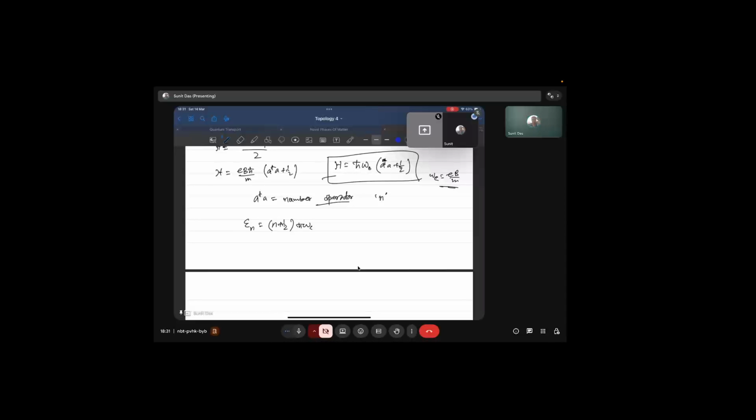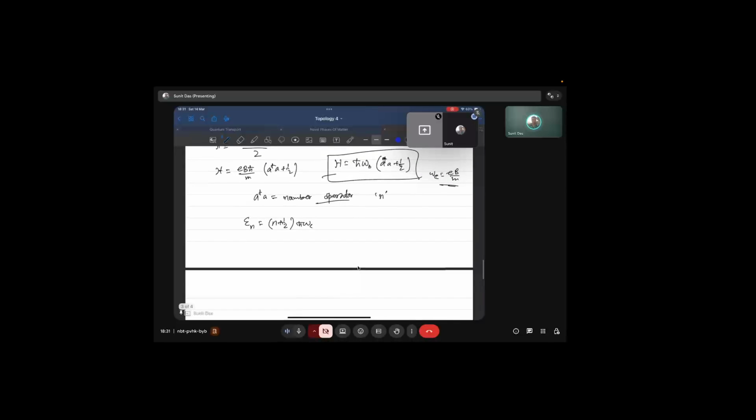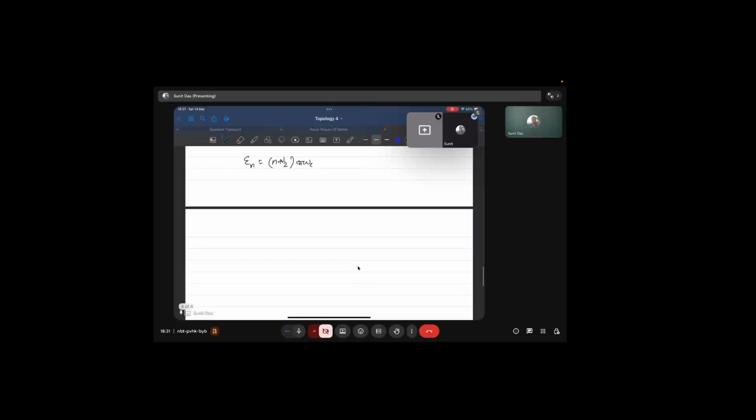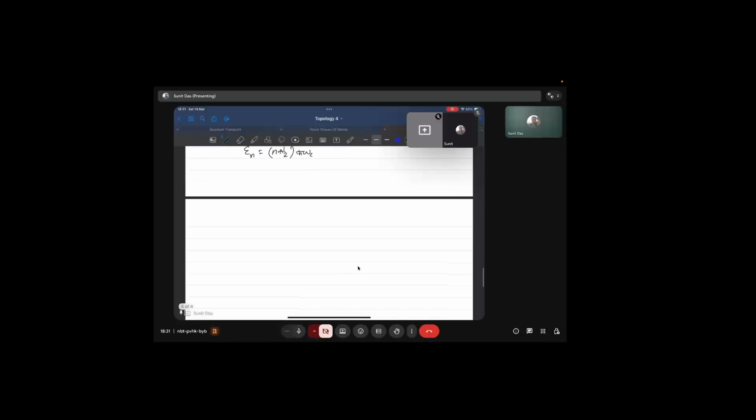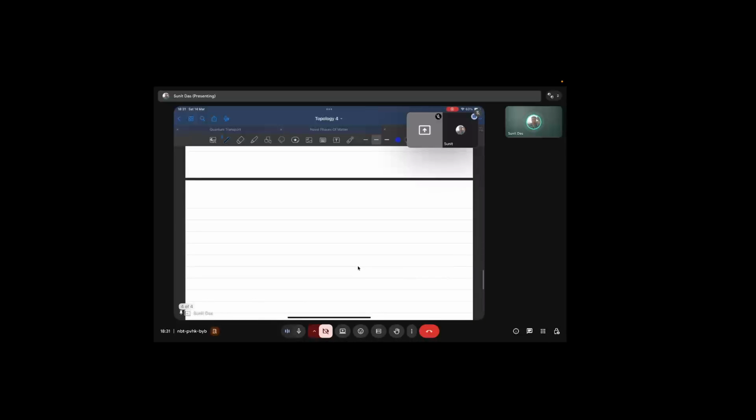So what we found is something dramatic. Earlier, in the absence of any magnetic field, this is the magnetic field zero case, and this is the magnetic field non-zero case.